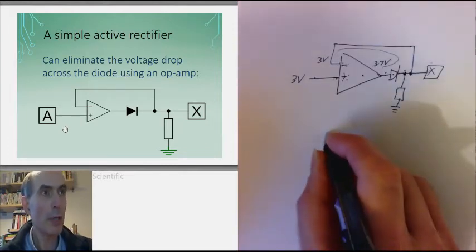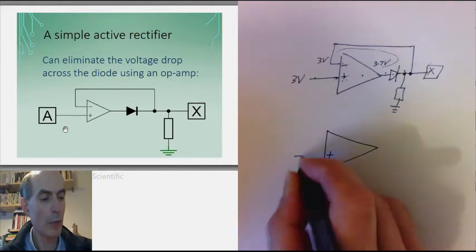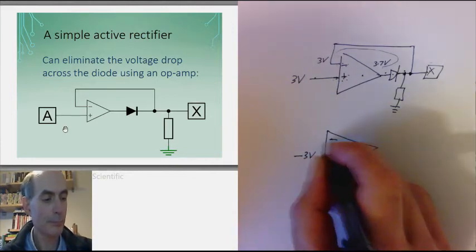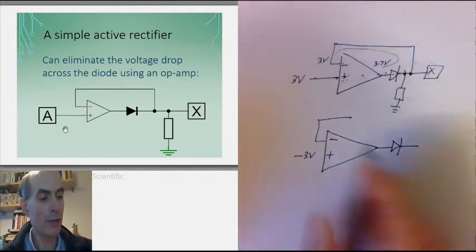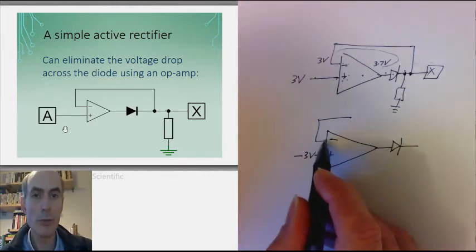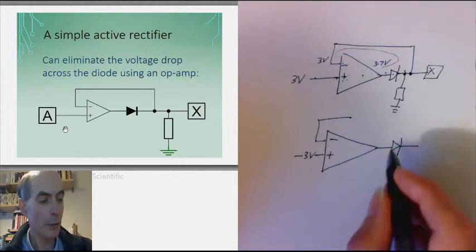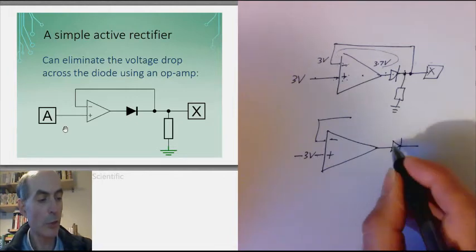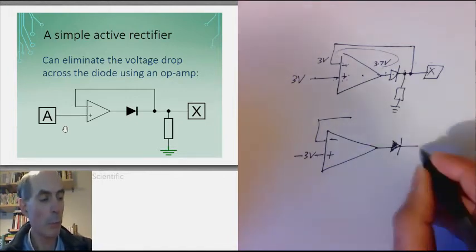However, supposing the input was negative, supposing the input was, say, down at -3 volts, then the op-amp is trying to get its inverting input down to -3 volts as well, but it can't. And it can't because this diode is not allowing any current to flow into the op-amp's output.